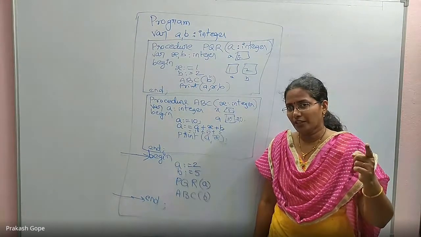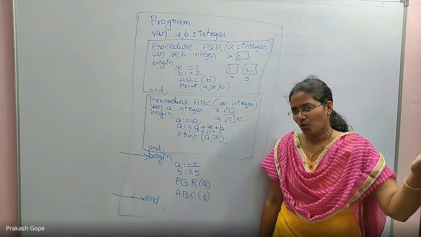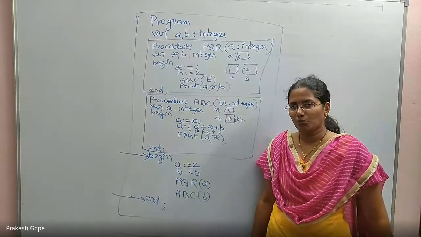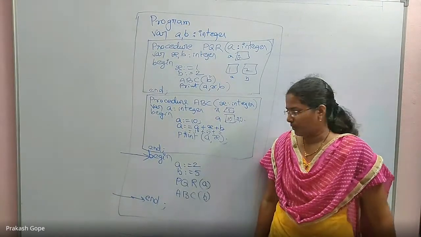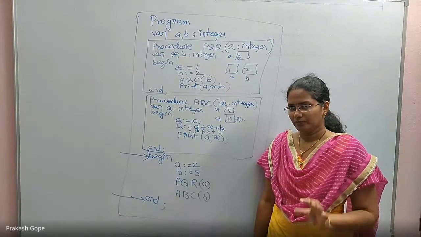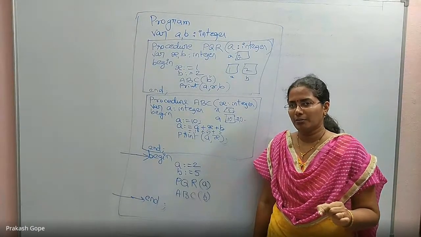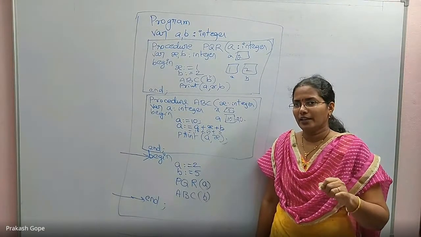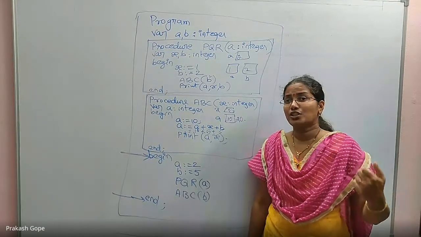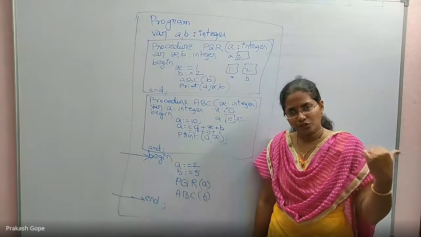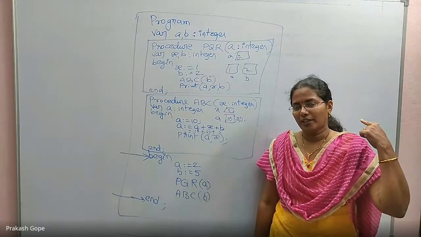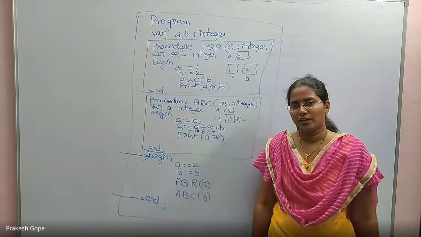If it is not defined there, its outer block. So we are saying the nearest enclosing block's variable. That is static scope. Dynamic scope says whenever you access a variable, first priority is for the locally declared variable. If it is not declared there, then we will access the variable of its calling environment, and if it is not declared there also, its calling environment.